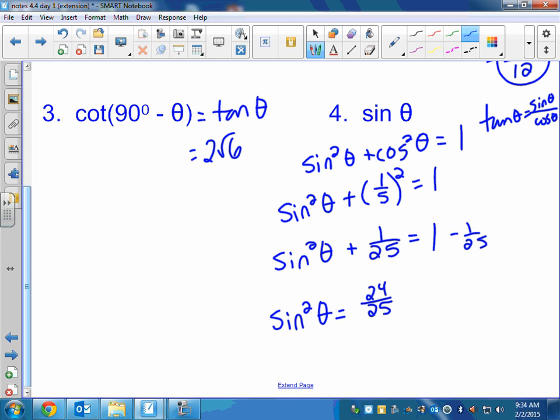Because this is what sine squared equals, I would have to take the square root of this, and I would get the square root of 24 over the square root of 25, which is just 5. Am I going to leave the square root of 24 like that? That's the square root of 4 times the square root of 6, which is 2 square root of 6 over 5.